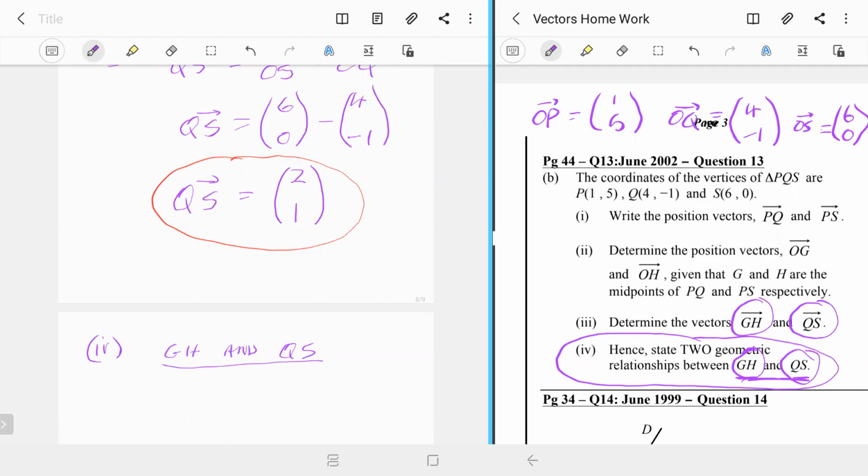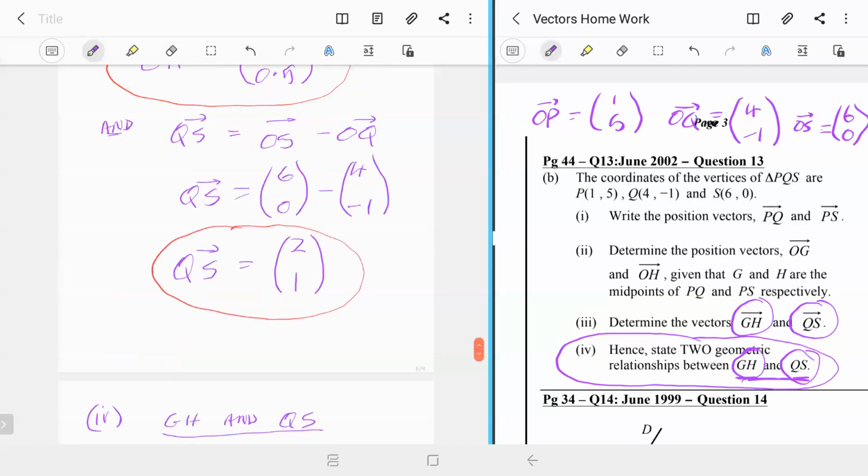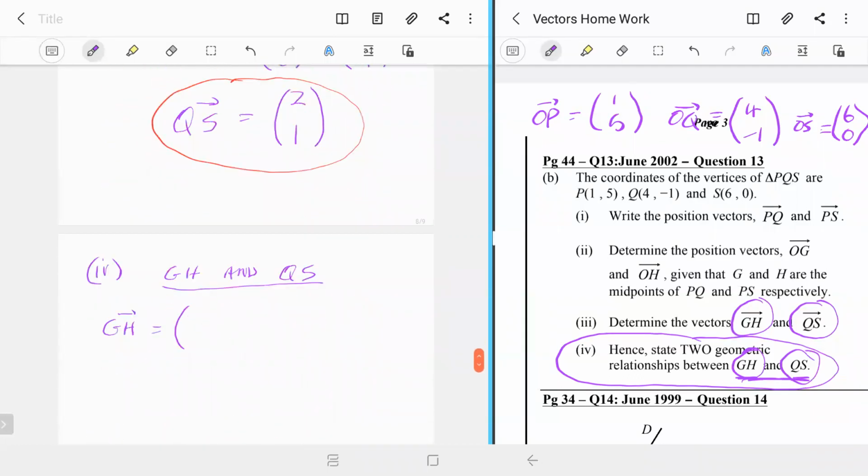I want to show two geometric relationships between those two lines. GH, we worked it out a while ago. It is 1, 0.5. And QS is 2, 1.